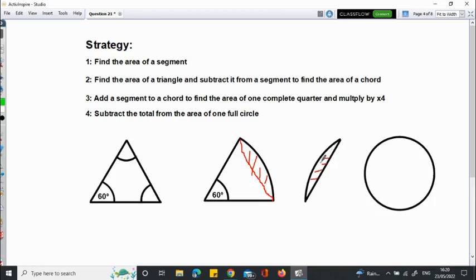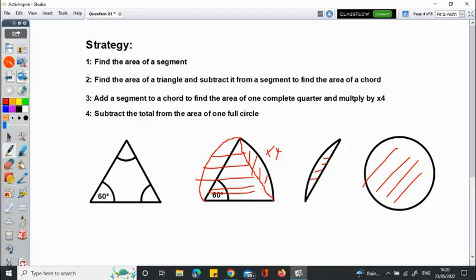That will give us the area of that. If we then add that segment to this, it will end up looking like this, and we will then have the area of this complete shape. We'll times that by 4 to find the area of all of the quarters, and we will subtract that from this circle here, and we will end up with the answer.